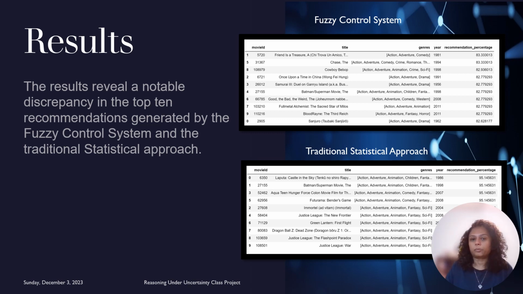Specifically, the traditional approach incorporates all 20 genres in the calculations, while the fuzzy control system focuses on only two genres. Considering the inclusion of 20 genres and one rating, the traditional approach involves 21 features, resulting in a calculation complexity of 120 rules.